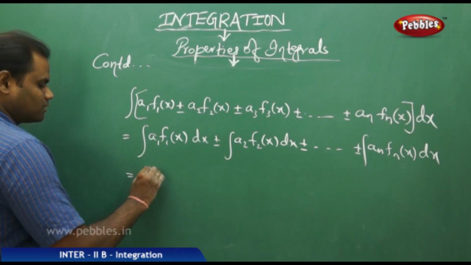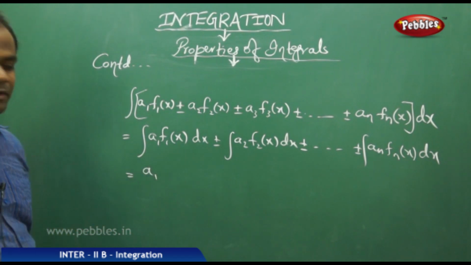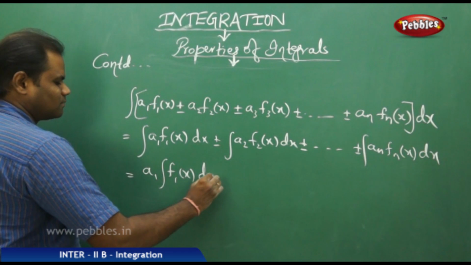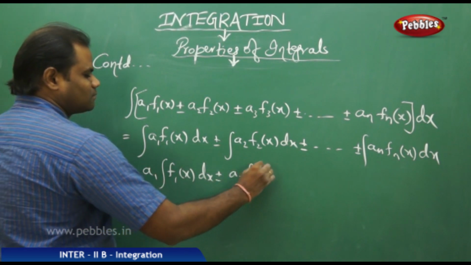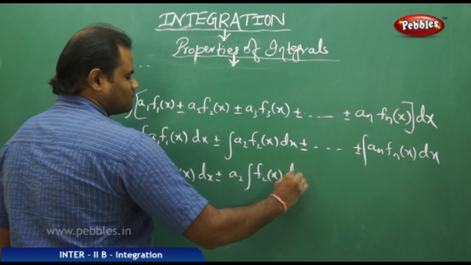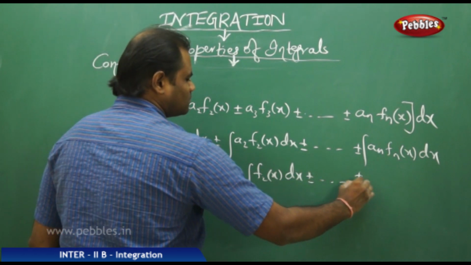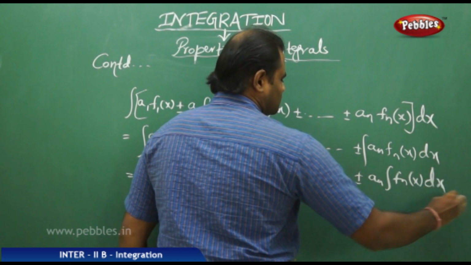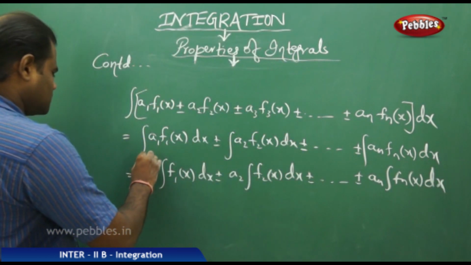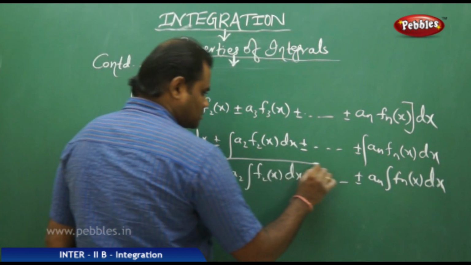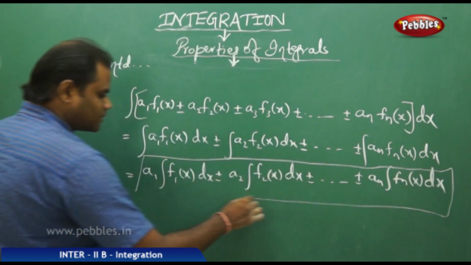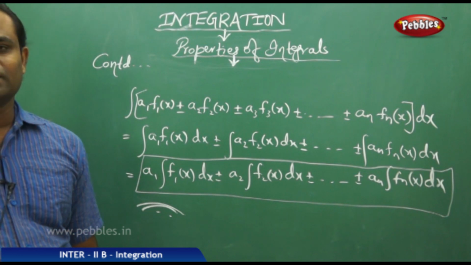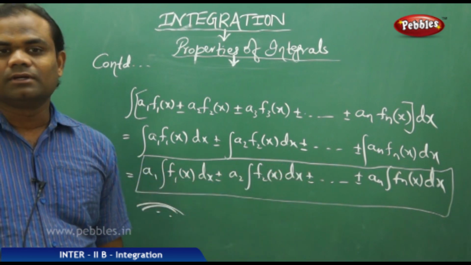Now again, the constant which does not affect the integration can be taken out, and I get this. This is how we understand the splitting of the integration for infinitely many functions, the property of integration.